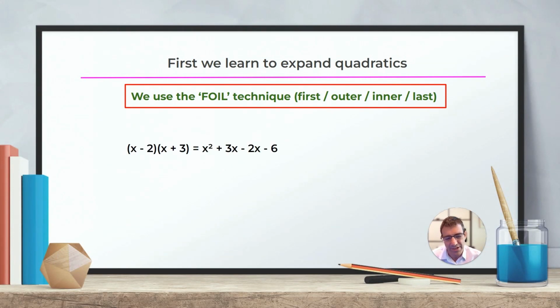In this case, we have a negative value in the first bracket, x minus 2 times x plus 3. Our technique doesn't change, so we'll do x times x, x times 3, negative 2 times x, negative 2 times 3.